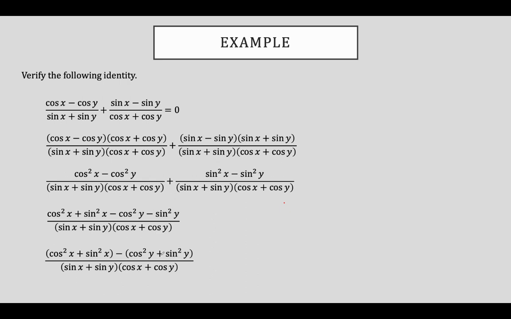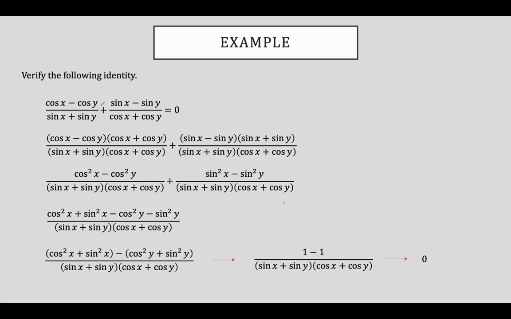Both of those turn into 1. We have 1 minus 1 divided by sine x plus sine y times cosine x plus cosine y. Well, that makes my numerator equal 0, and 0 divided by any non-zero number is going to give us 0 for our answer. And there we have the proof of our identity.